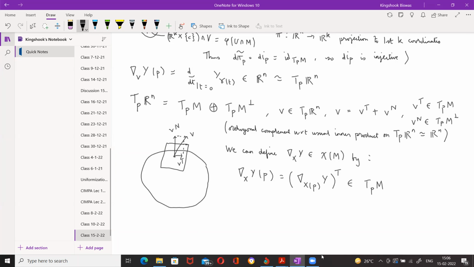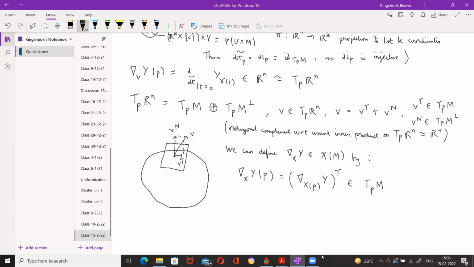Okay. So we'll talk about properties of this covariant derivative. The thing to note is, in order to do this, what we used is the metric structure of R^n. The fact that all the tangent spaces of R^n can carry a natural inner product, because of the inner product of R^n and because of the identification of all the tangent spaces with R^n itself.